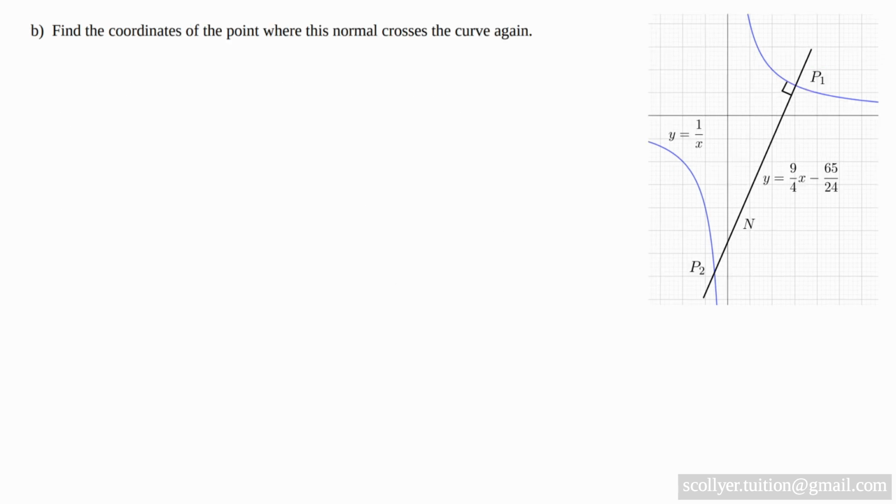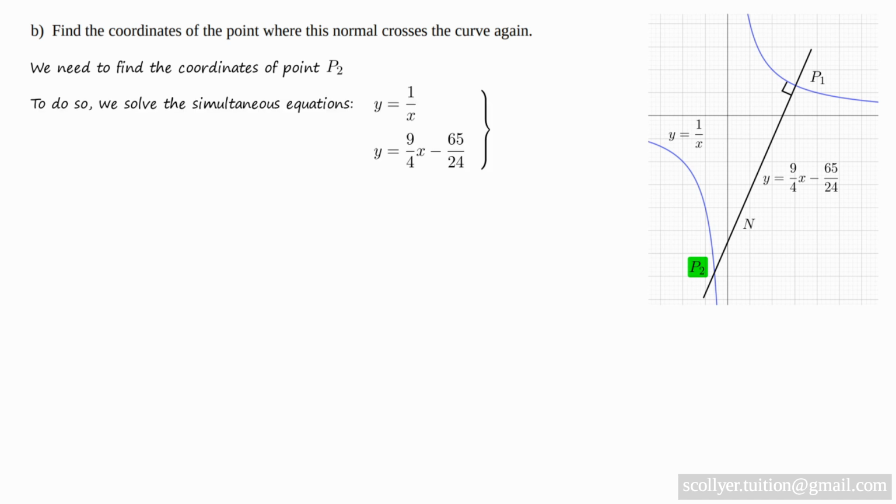Part B. Find the coordinates of the point where this normal crosses the curve again. So we need to find the coordinates of point P2, shown here on the graph, and to do so we solve the simultaneous equations y equals 1 over x, y equals 9 over 4x minus 65 over 24, with the condition that x must be less than 0.